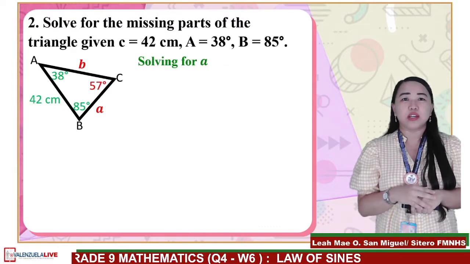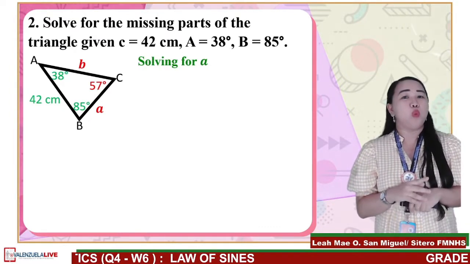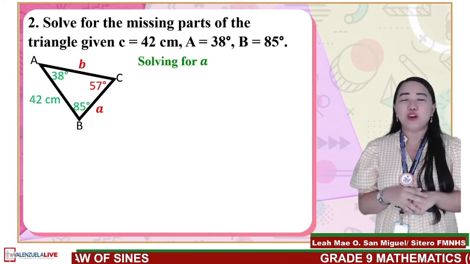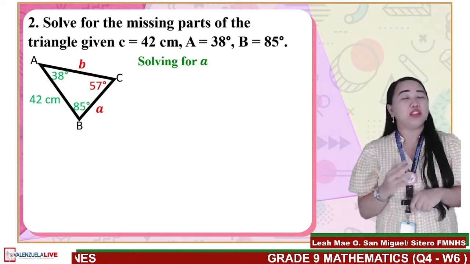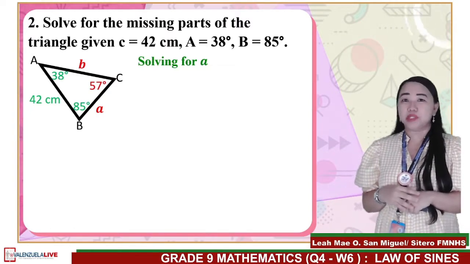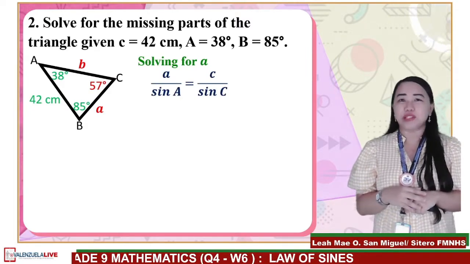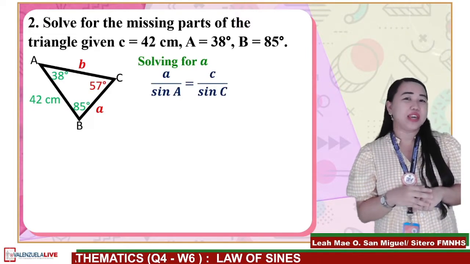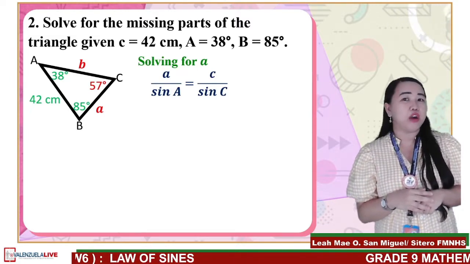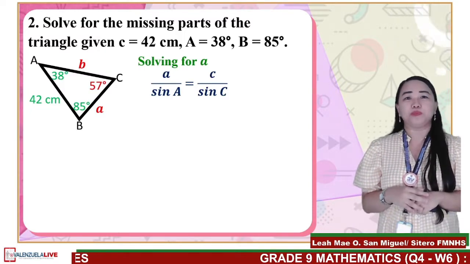So first, in solving a, use the law of sines such that one of the ratios contains the unknown side and the sine of its opposite angle, while the other ratio contains a known side and its known opposite angle. Thus, we have a over sine A is equal to c over sine C. We cannot use the ratio b over sine B because side b is unknown.